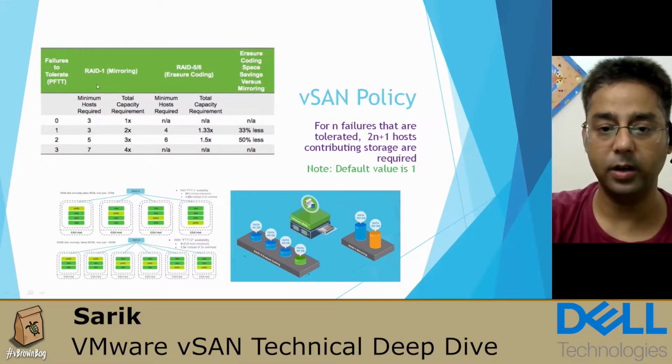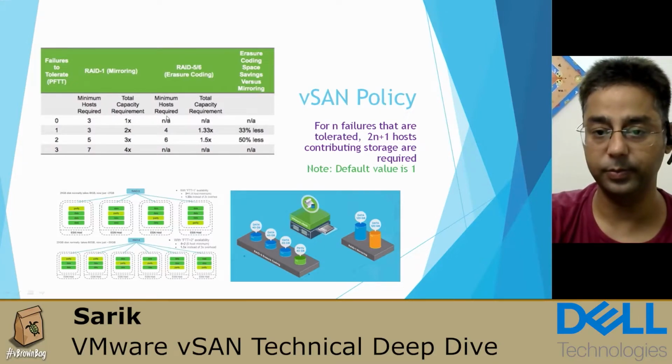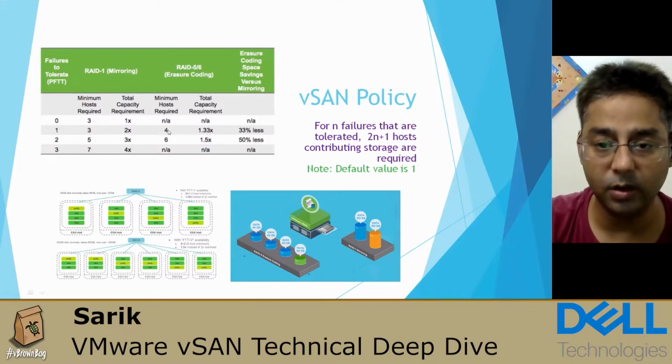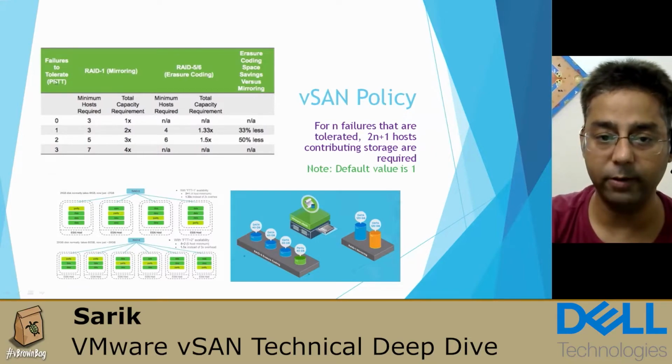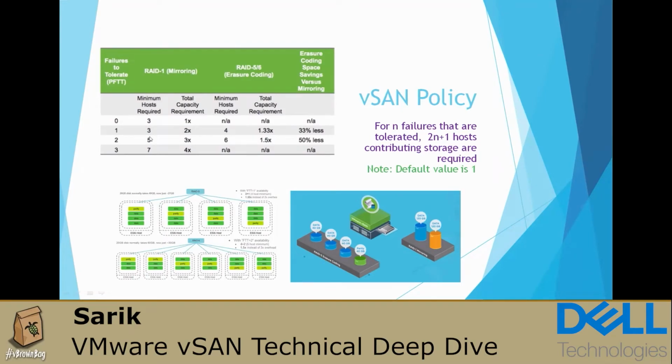If we use RAID 1 in a vSAN policy, we should have this many ESXi hosts, this much capacity, and this kind of calculation, and this is how much capacity we will have in RAID 1 if we use failures to tolerate 1, 0, 2 or 3. So based on the PFTT, we should have the required number of ESXi hosts within the cluster.